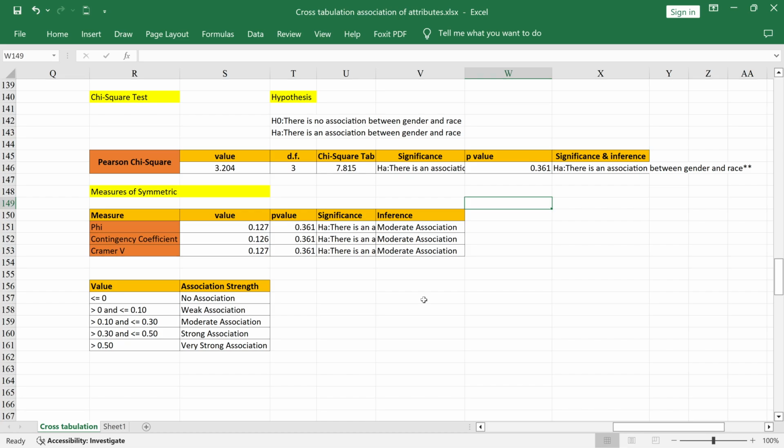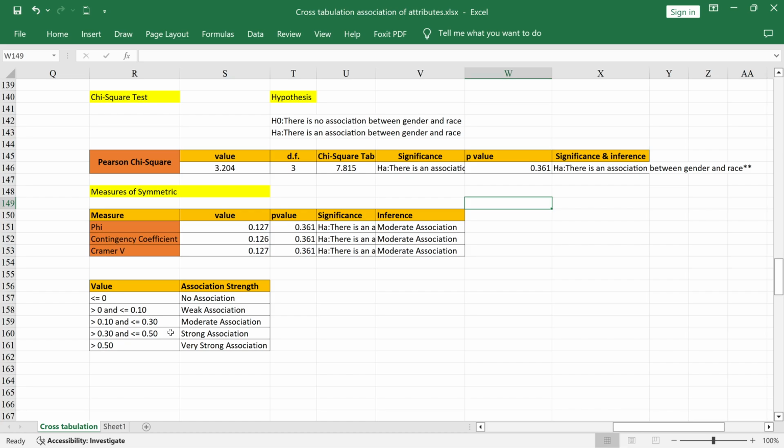Now we are going to see how much association strength there is, so we categorize that strength into different values. In the table below you will get the association strength and the values: less than or equal to 0, greater than 0 and less than or equal to 0.1, greater than 0.1 and less than or equal to 0.3, greater than 0.3 and less than or equal to 0.5, and greater than 0.5.